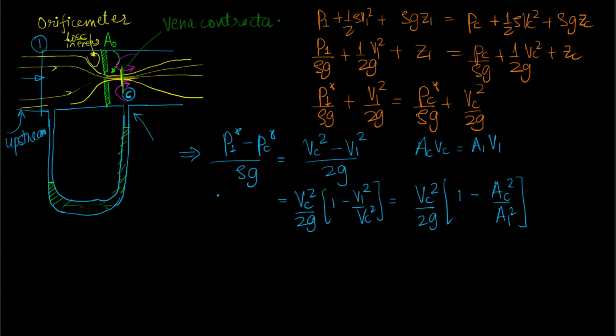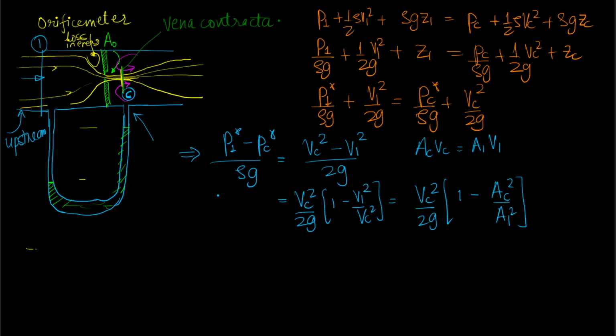Now we can make use of hydrostatics in order to find out the pressure difference at sections 1 and C in terms of this particular manometric height.